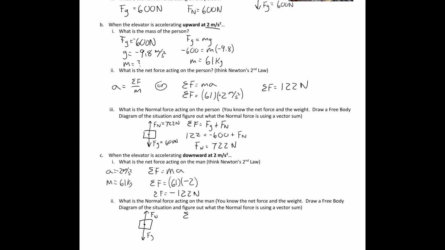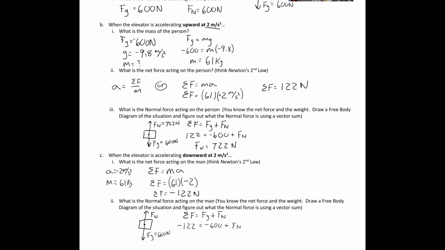The net force is equal to Fg plus Fn. The net force in this case is 122 newtons downward. Don't drop the negative. Your weight is the same, 600 newtons downward. And your normal force is what we're looking for.